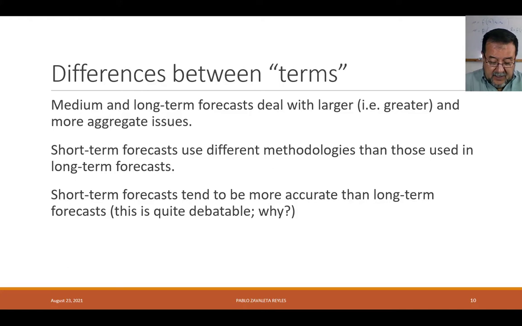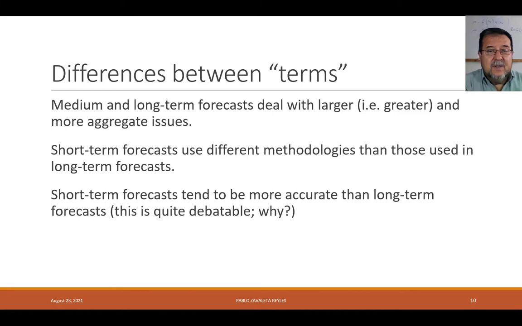An example that I can immediately bring to the table is that in the long term, for example, everybody dies. In this case, I will not be mistaken. That's 100% accuracy. Everybody dies in the long term. Now, what is the long term? That's another discussion.